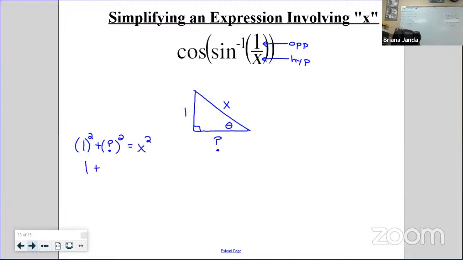1 squared is 1, and x squared is x squared. But this time I'm going to have to get question mark by itself by subtracting 1, and then square rooting. So our missing side that I'm calling question mark is the square root of x squared minus 1 this time.